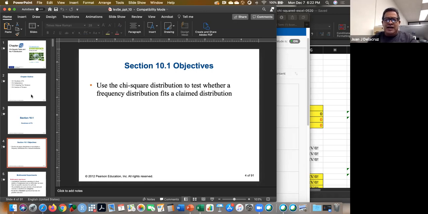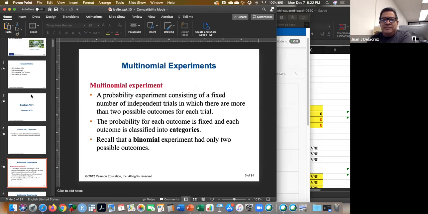I have some previous experiments. Now I'm going to do my own experiment, and I'm going to see whether my data fits the distribution of the existing data. We are going to use what is called a multinomial experiment.